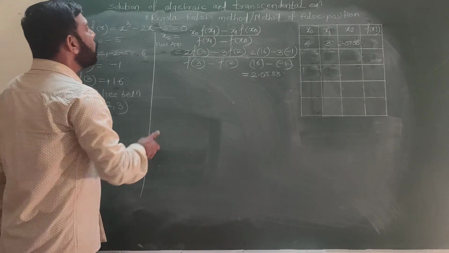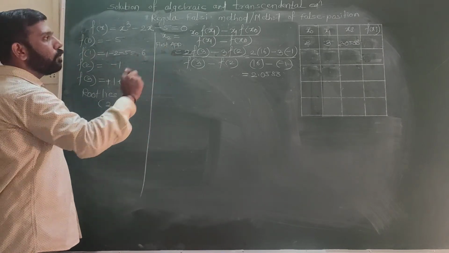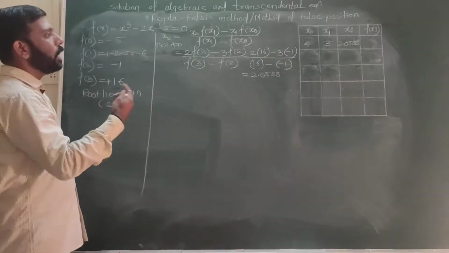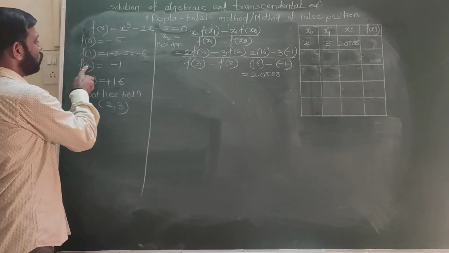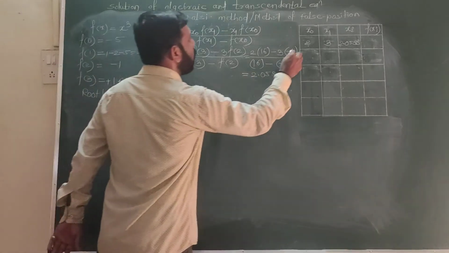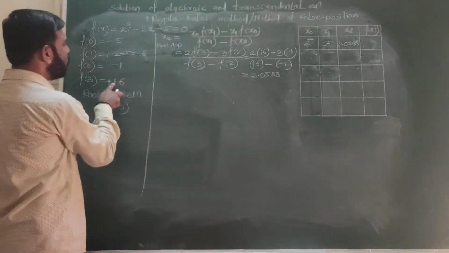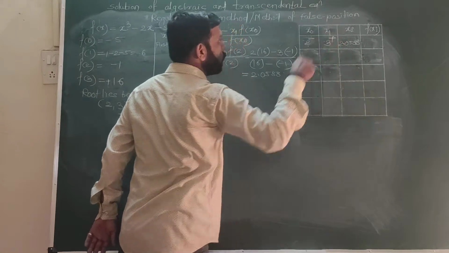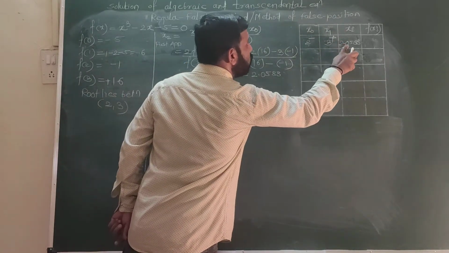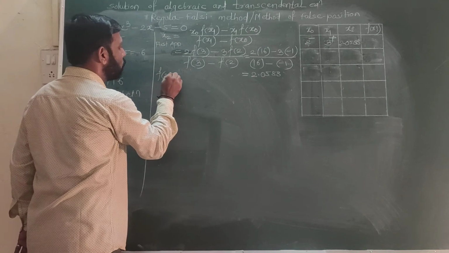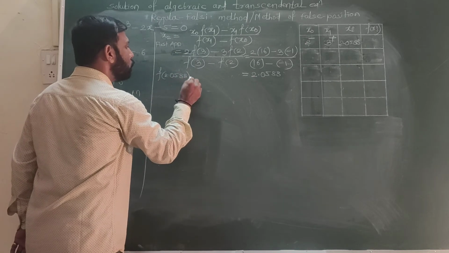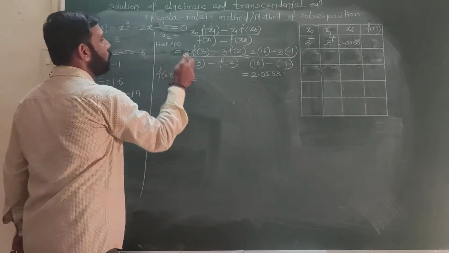Now, to find the next interval x0, x1, we will use one technique. For f of 2 the sign is minus, and for f of 3 the sign is plus. Next we require the sign for this value, which we find by substituting it in the polynomial.